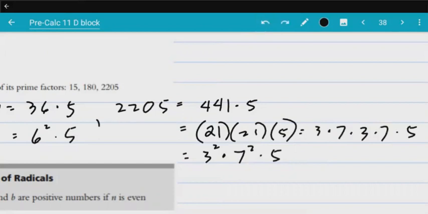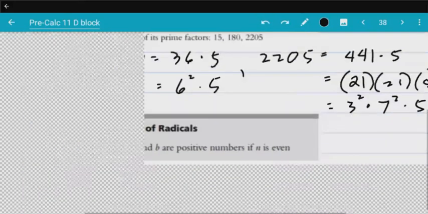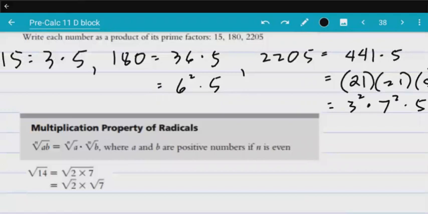Okay, next. The multiplication property of radicals is similar to the division property of radicals that was seen in the previous section. Now, this is sort of the inverse operation.